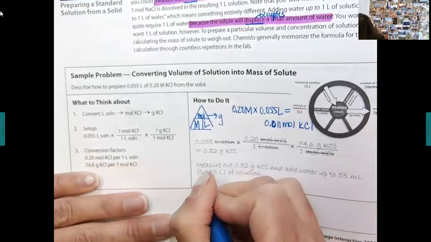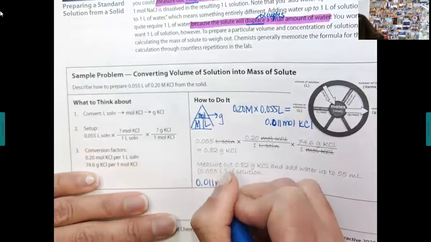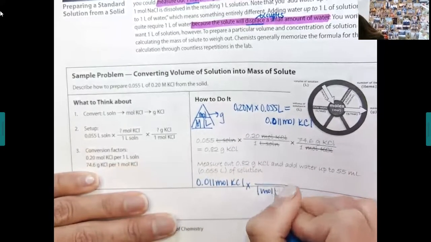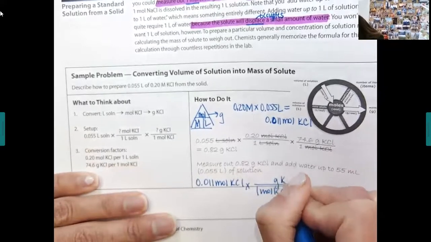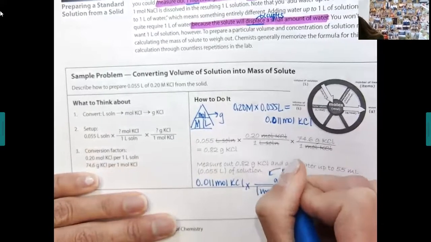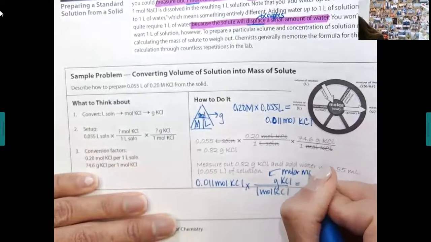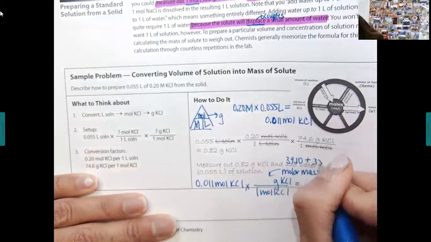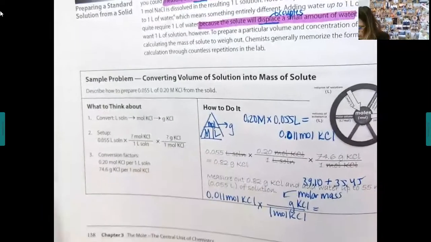Then you have to multiply that by the molar mass to figure out how many grams are needed. So 0.011 moles of KCl. The molar mass will go up here. You get that from the periodic table. Potassium is 39.10, chlorine is 35.45.